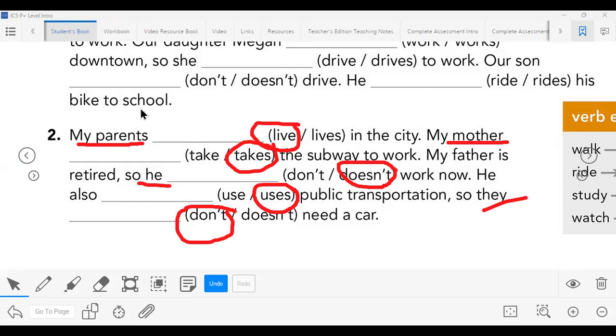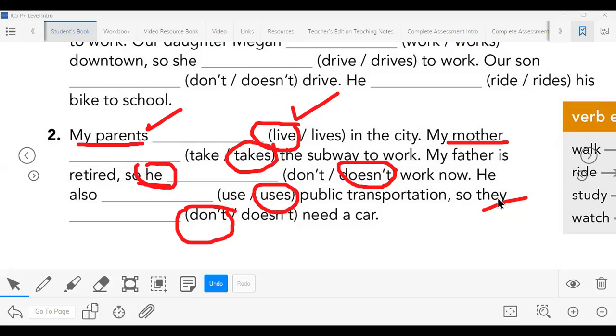Definitely. Okay, so my parents, plural, no changes. The first option, no changes. My mother, singular, equivalent to she, change: takes. My father, singular, equivalent to he, no changes, but negative: doesn't.